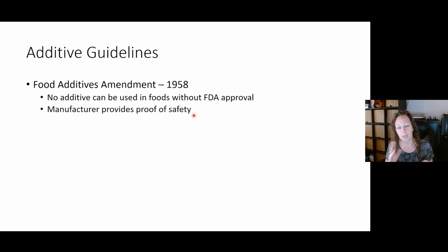So it's plus and minus, because the government doesn't need to be spending money and going on wild goose chases proving things that may have absolutely no chance of being approved. But again, it's an issue where the manufacturer, of course, has incentive to get it approved, and they're the ones providing the proof. So it's good and bad.